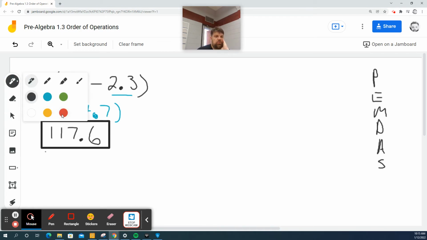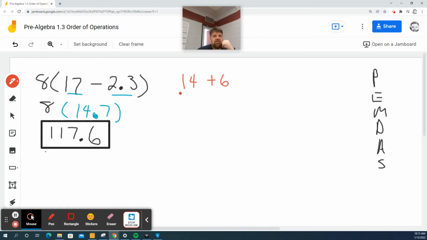On this next one, we're going to say 14 plus 6 all over 12 minus 7. Now on these, you have to think of the numerator as being in parentheses, and you have to think of the denominator as being in parentheses.